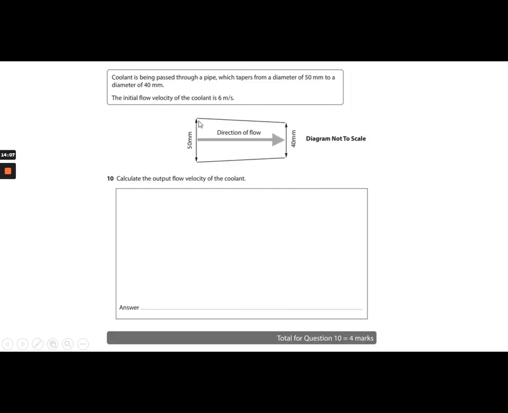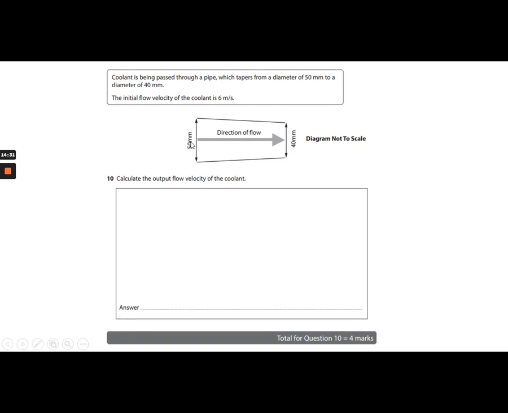So first thing you should do is work out the area at the start. So 50 millimeters is the diameter. So change the milli to times 10 to the minus 3 and then halve it. So your radius is 25 millimeters, or 25 times 10 to the minus 3 meters. And then pi r squared gives you your area.